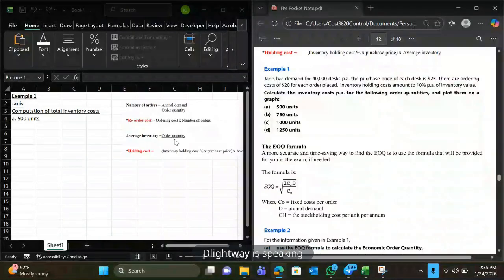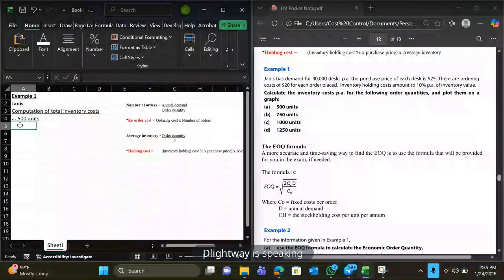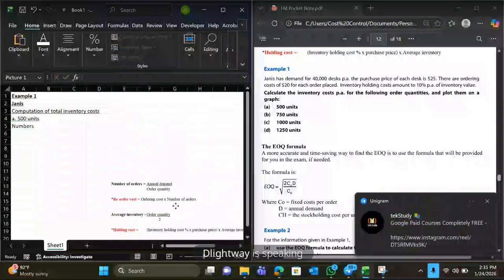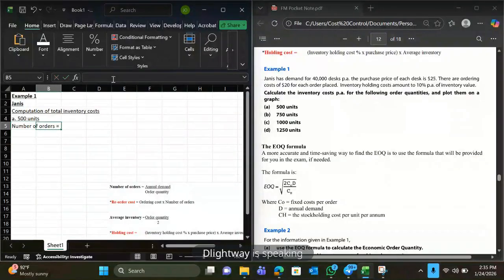So for 500 units, first thing first, we need to get the number of orders. To compute it, it's our annual demand divided by our order quantity.